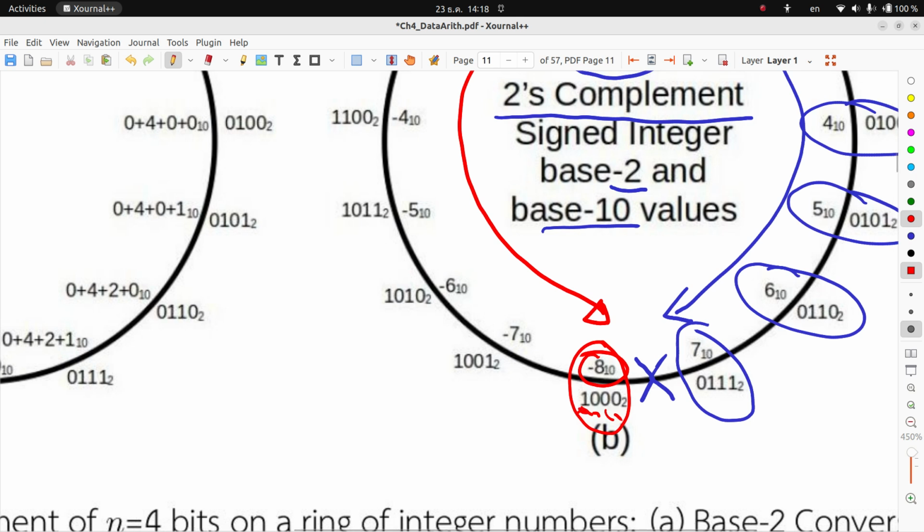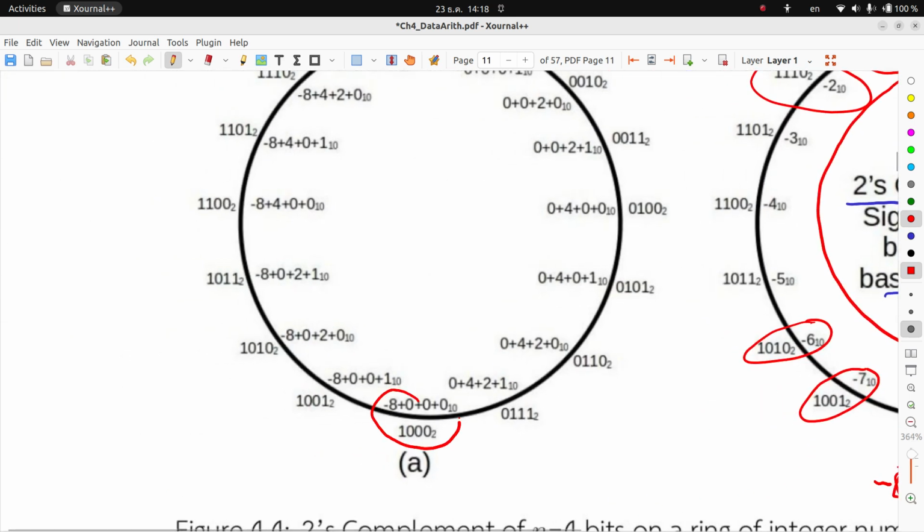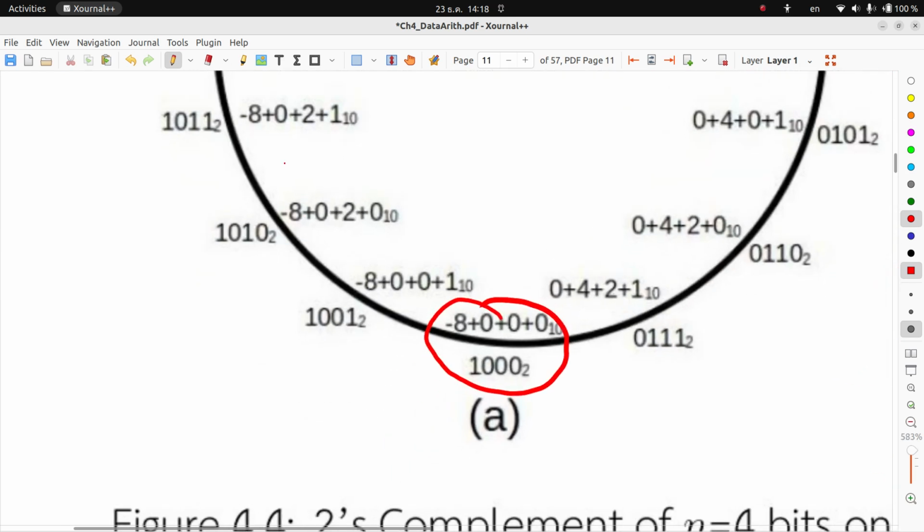You know that the most significant bit is a sign bit, and it says that this is a negative number. How could it be minus 8 base 10? That's the question. How could this be minus 7 base 10? How could this be minus 6? The answer is this formula. See that?